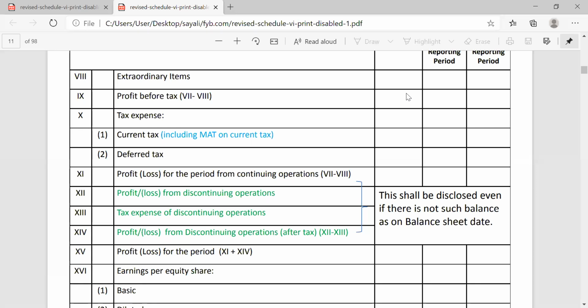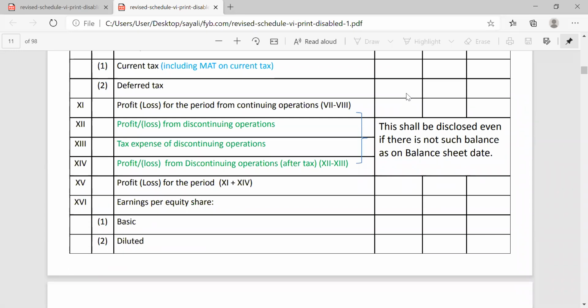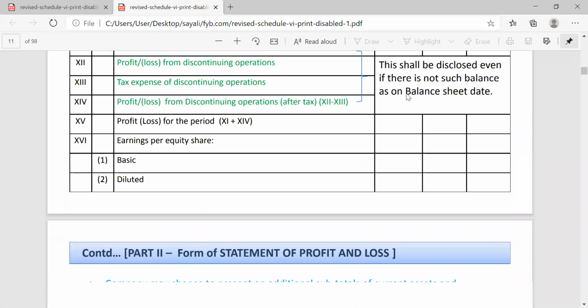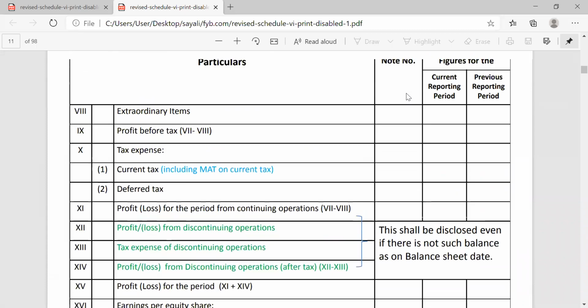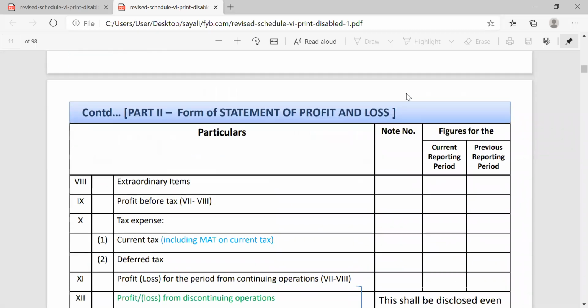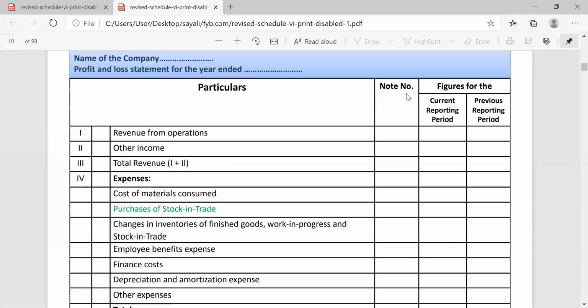Whatever the answer is, it is your profit. Again, point number 16, earning per equity share, that is basic, and the second one, diluted. So here your profit and loss account ends, and you have to memorize all points related with the profit and loss account for your examination purpose.